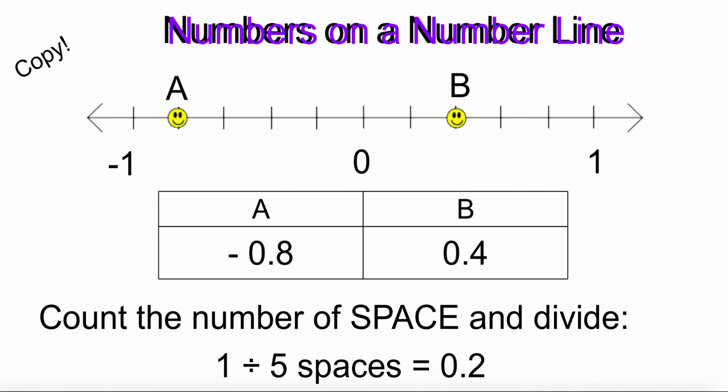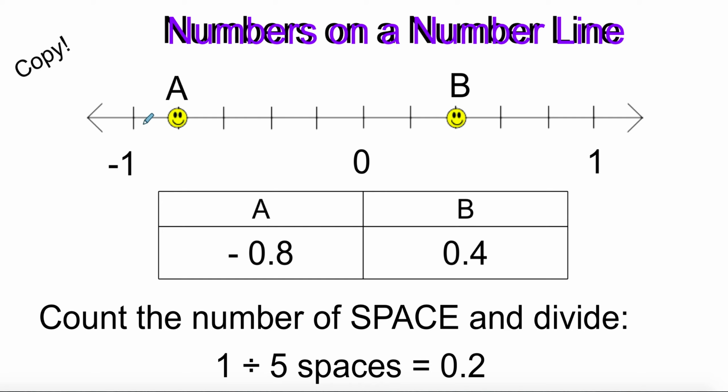Okay, numbers on a number line. Copy this one too. It's from negative 1 to 1 and 0. So point A, it says negative 0.8. Let's count the separations. 1, 2, 3, 4, 5.